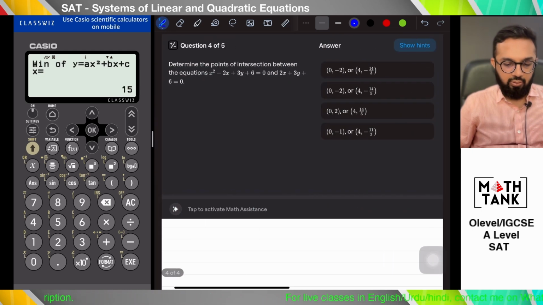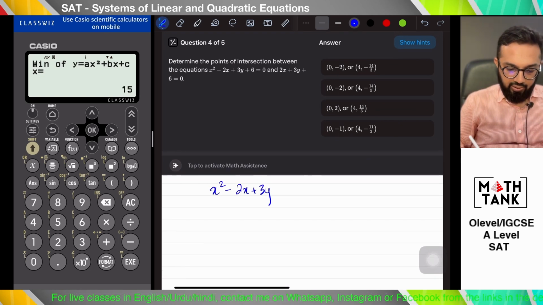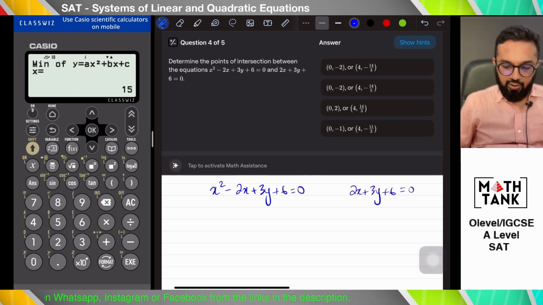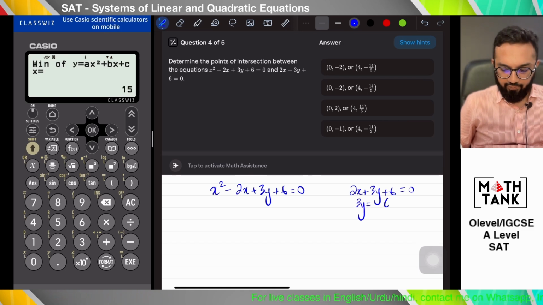Okay, that's fine. Now, x squared minus 2x plus 3y plus 6 equals 0 and 2x plus 3y plus 6 equals 0. Now I see something interesting if I can work that out. If I just take a substitution for 3y, it's minus 6 minus 2x.